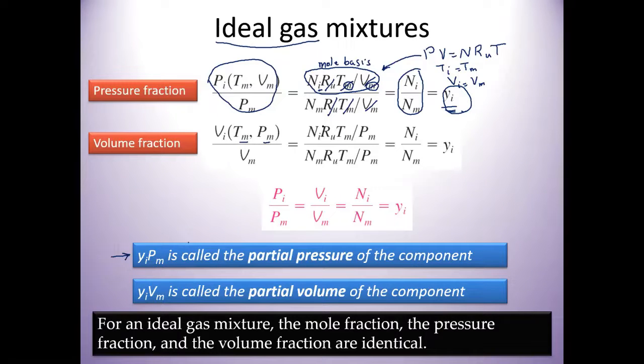Again, write the ideal gas law, considering that the pressure of each component is equal to the pressure of the mixture, and you can cancel out these terms. Again, you get just the mole fraction. So the volume fraction of an ideal gas mixture is also the same as the mole fraction.